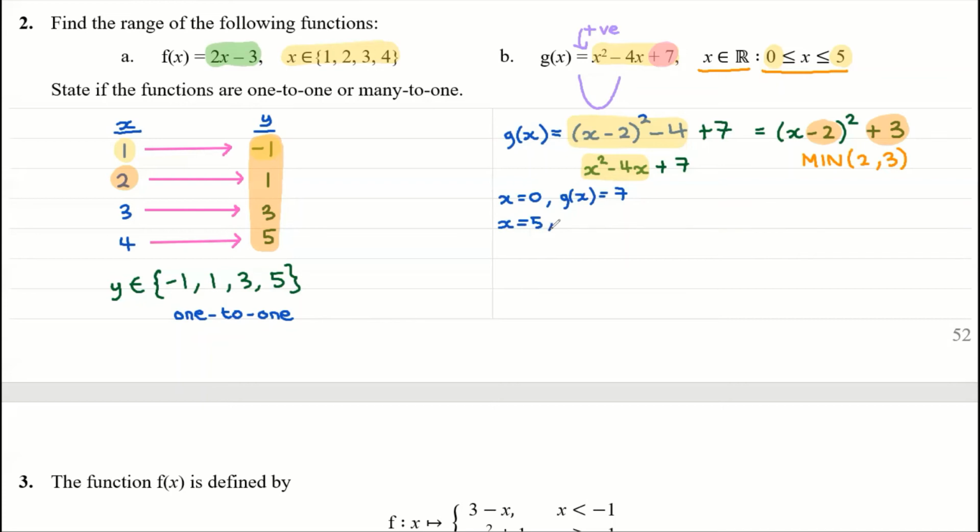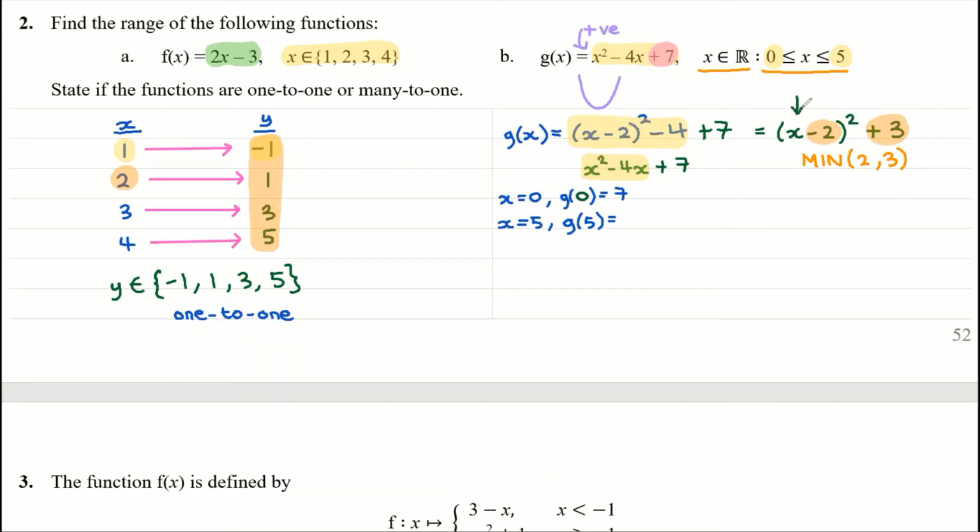Well, when x equals 5, we put 5 in, g of 5, and maybe I should put g of 0 in there as well. So g of 0, and g of 5, well, if we put 5 in, using the completed squared form, we would have 5 subtract 2, which equals 3.